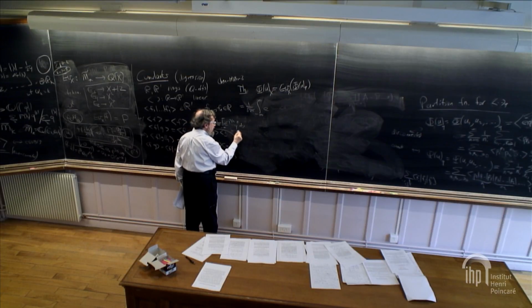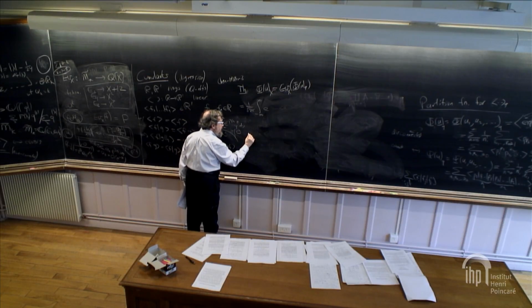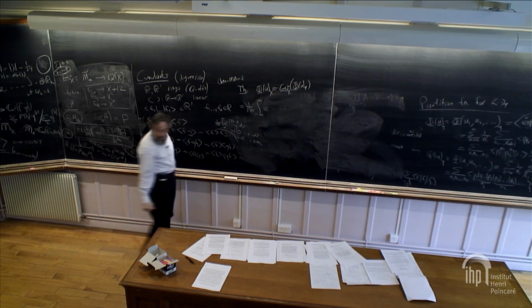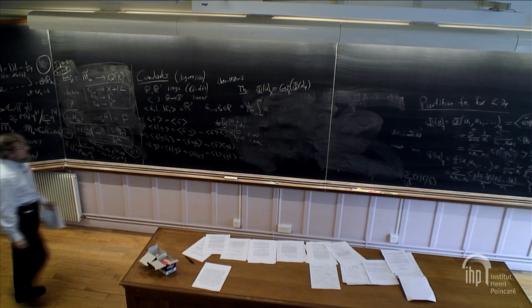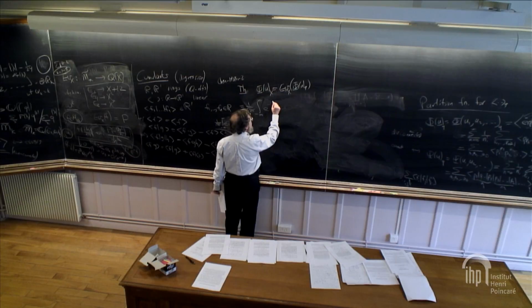Then this is, of course, a convergent integral. It's 0 if n is odd, and it's n minus 1 double factorial if n is even, if I didn't mess up any factors, but it's something like that. I think it's correct.